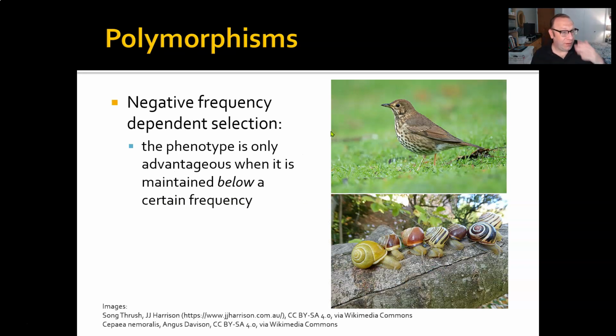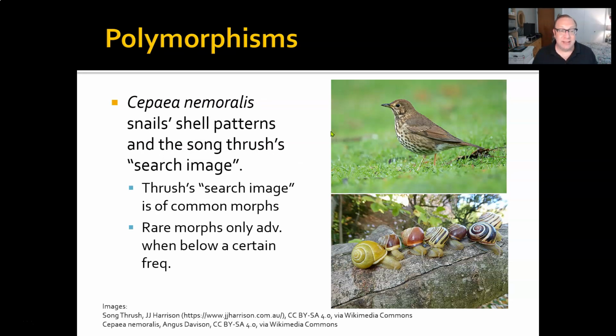Now, negative frequency-dependent selection is when the phenotype is only advantageous when it's below a certain frequency. A great example of this is the relationship between the song thrush and the Cepaea nemoralis snails. Cepaea nemoralis has various shell patterns, as you can see here in the bottom picture. They're really beautiful.